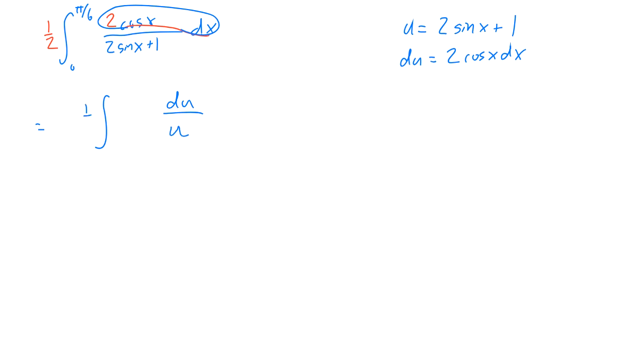Now I still have a 1/2 in front. Let's figure out what the new bounds are going to be. If x is 0, then u is 2 sine 0 plus 1, and sine of 0 is 0, so that gives me a 1. And if x is pi over 6, then u is twice sine pi over 6 plus 1, which is 2 times a half plus 1, which is 2.